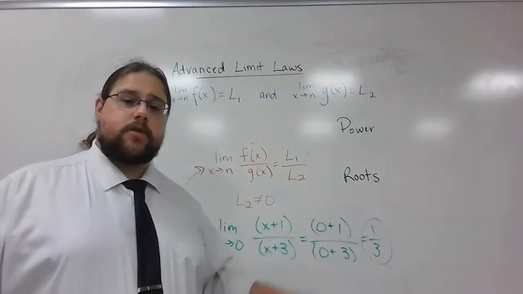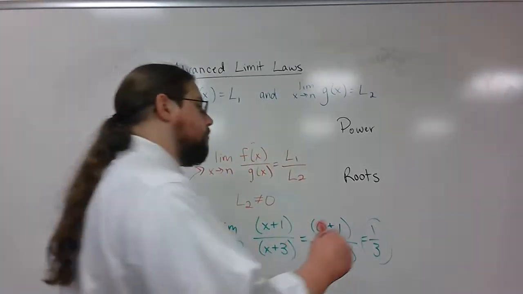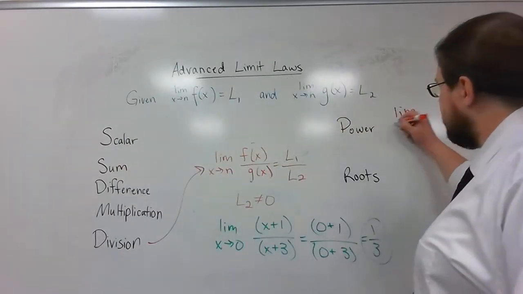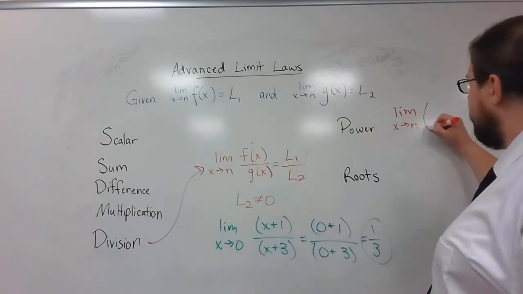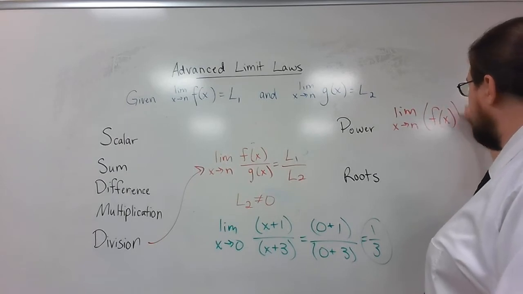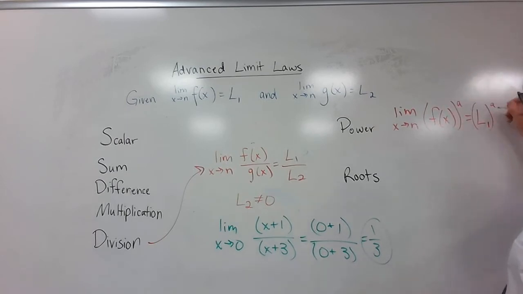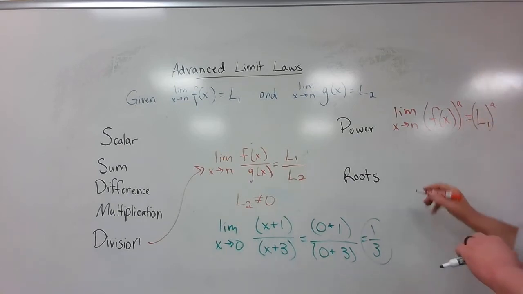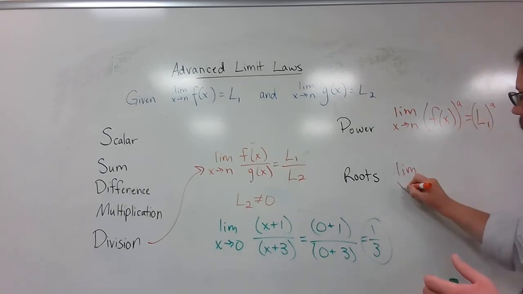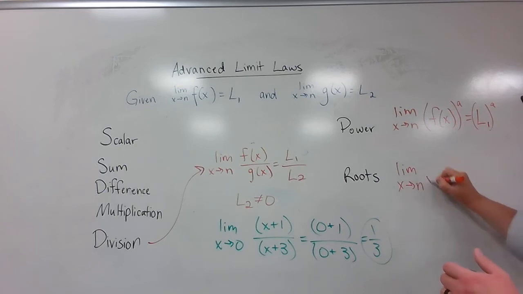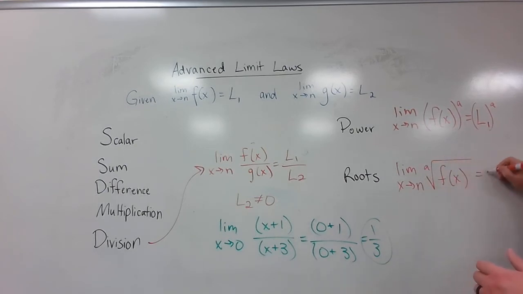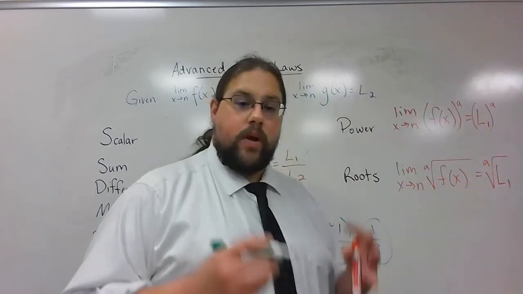The other ones we've already talked about were powers and roots. I'm just going to very briefly gloss over this. The limit as x approaches some number of any function raised to a power is just going to be that limit to the power. And the same kind of thing happens with the roots. So for instance, the limit as x approaches n of a root of f of x is just going to be that root of the limit. So again, you're going to kind of ask me, when would these be useful?